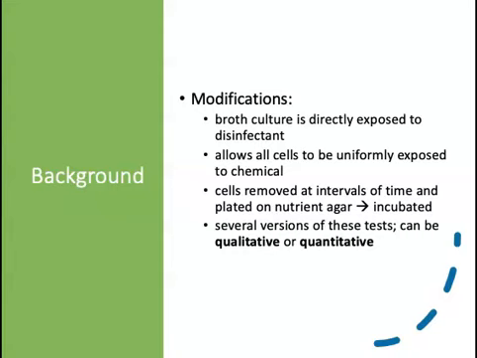The way that version of the test works is once the disinfectant is added into the culture, an aliquot, or a sample of the culture, is removed at certain intervals of time. And those cells are then placed onto an agar plate and put in the incubator, and the colony count is used to determine how many cells have been killed so far.